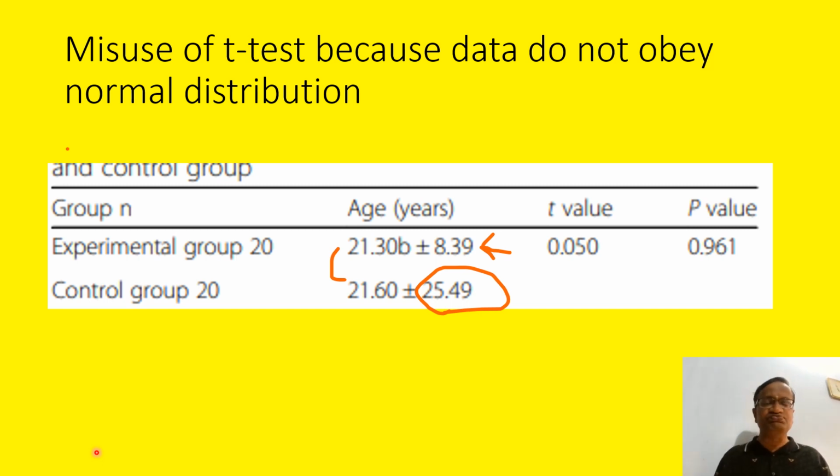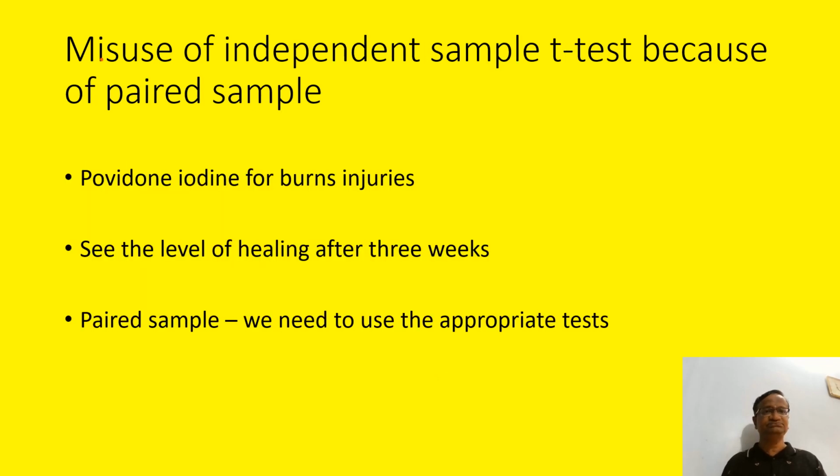Now, about misuse of the t-test: data that do not obey a normal distribution. You can see this experimental group age is 21 point and this control group is 25.09, because of paired samples. If you have a paired sample and use an unpaired t-test, we need to use the paired t-test.